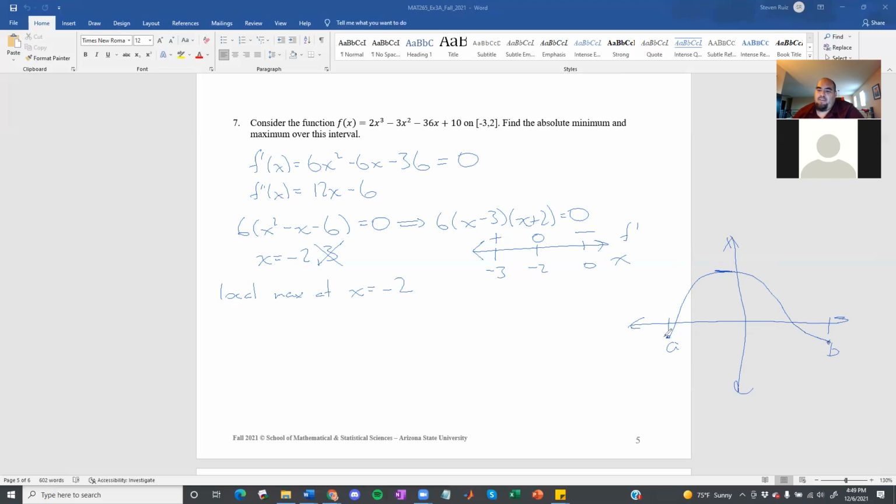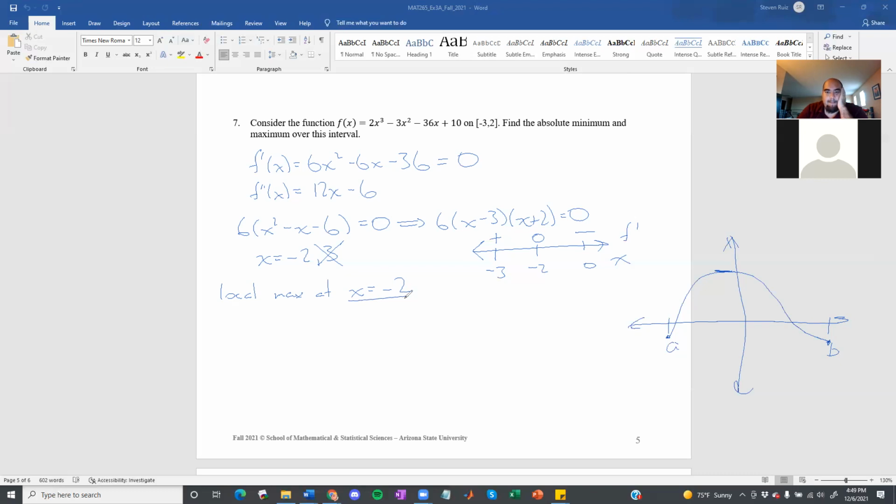But your absolute min will be at B here. So you also want to check the endpoints as well. So that x equal -2 might be an absolute maximum, but you don't know enough yet.